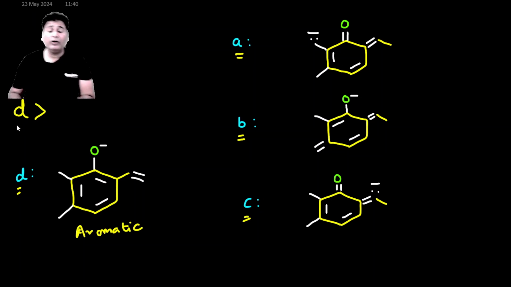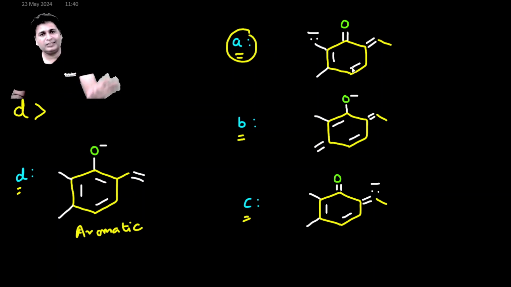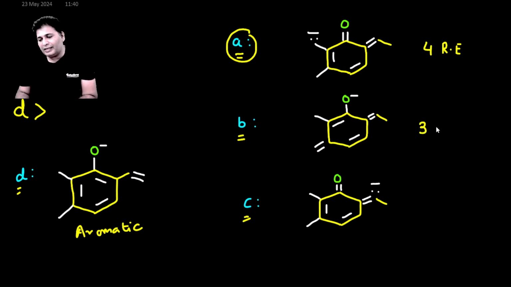After D, now you have to compare. If you compare, you find that option A had 4 resonating structures, which I had drawn. You can see the 4 resonating structures where minus was delocalizing. Once you draw B, you have seen 3 resonating structures.